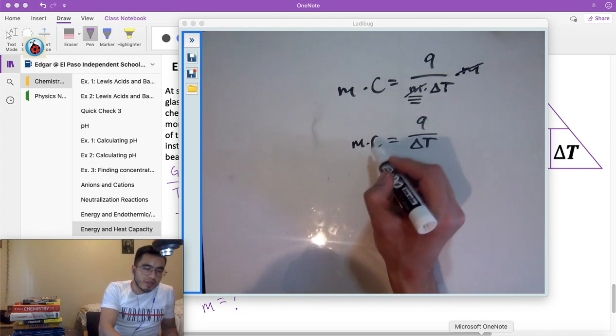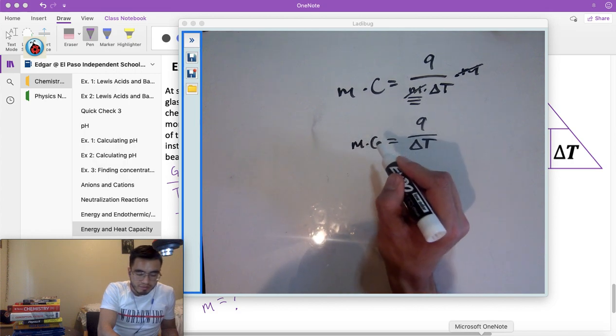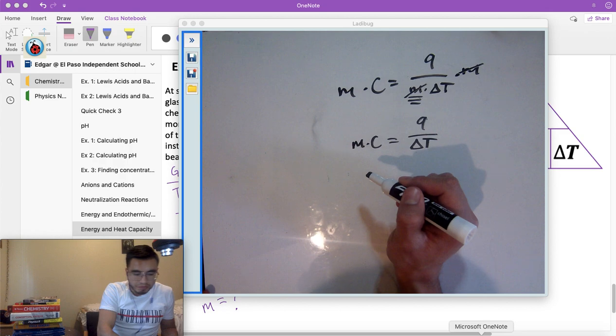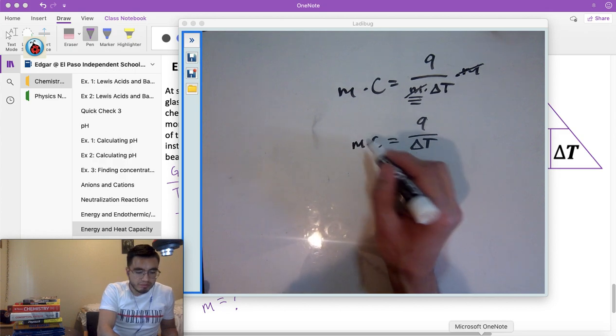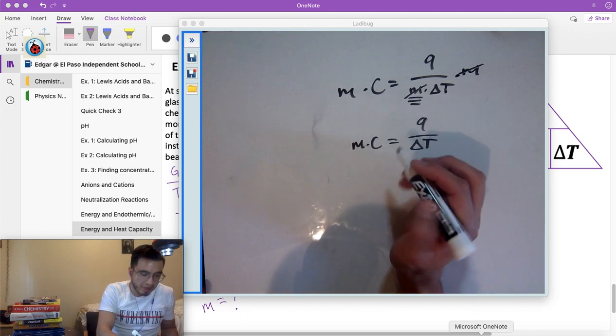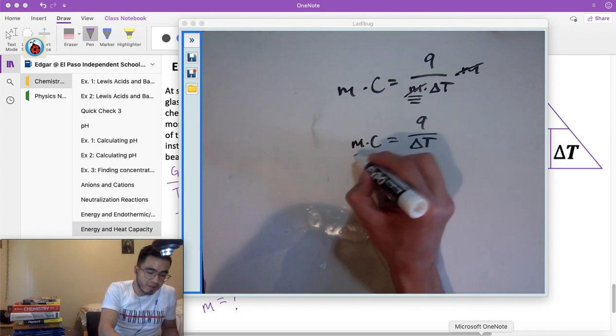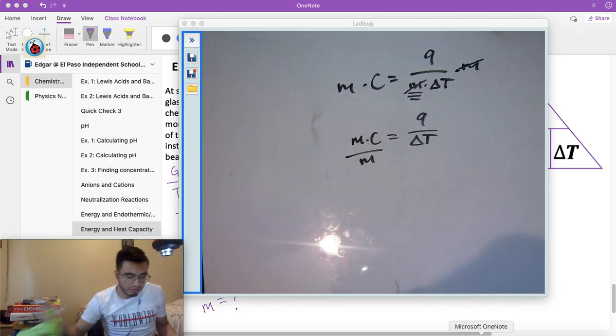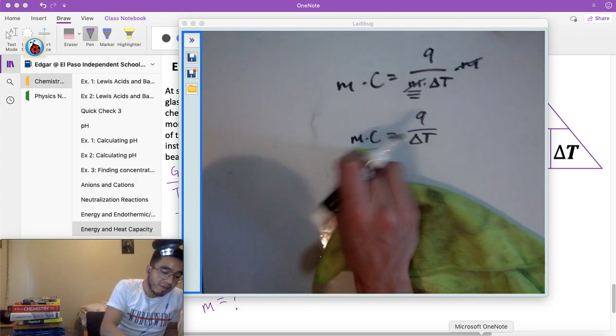Now, these two are being multiplied. That means we need to use the opposite math operation, which is division. So we divide by M. Oh, no. That would give us C. We divide by C, okay?